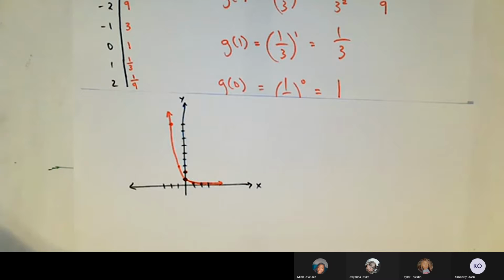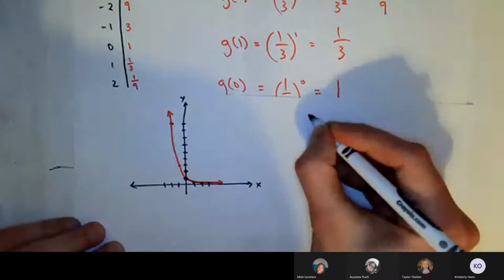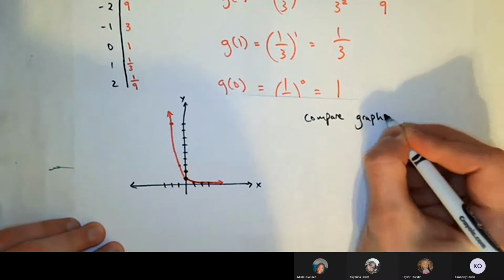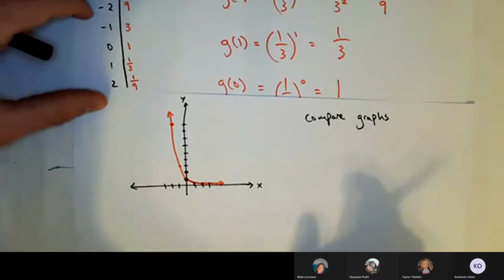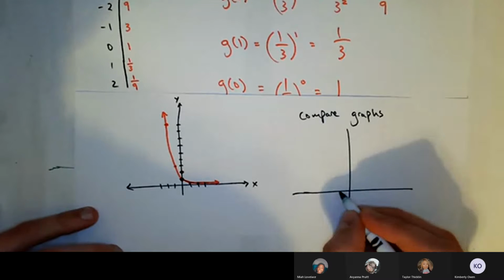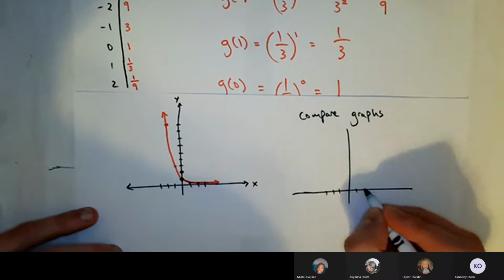All right, so if I was to plop these graphs on top of each other, let's compare graphs and see if we can figure out what is going on, why they look so similar in their table of values. Well, if I was to just quickly do that, 1, 2, 3, 1, 2, 3.